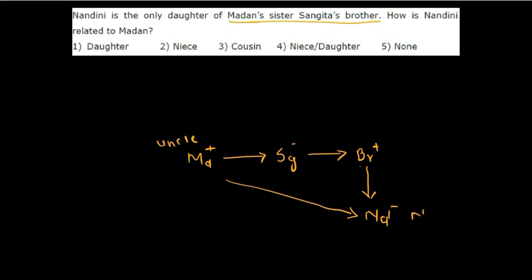But if Sangita has only one brother and that is Madan himself, then Nandini would be the daughter of Madan. These two possibilities are there.